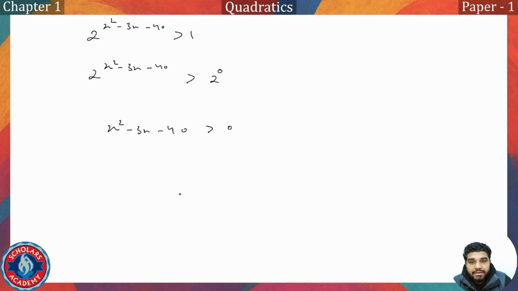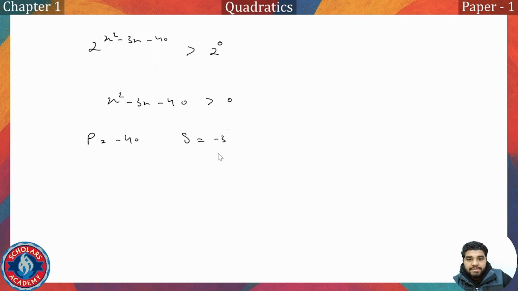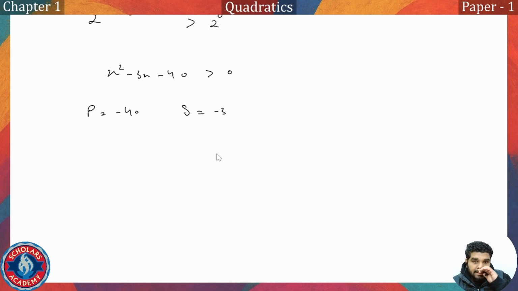Now I'll compare it. Product is −40, right? And sum is equal to −3. So −8 and 5.